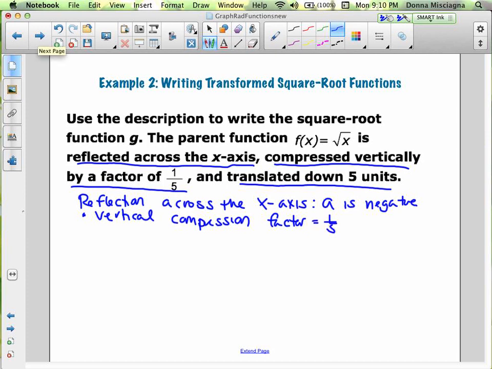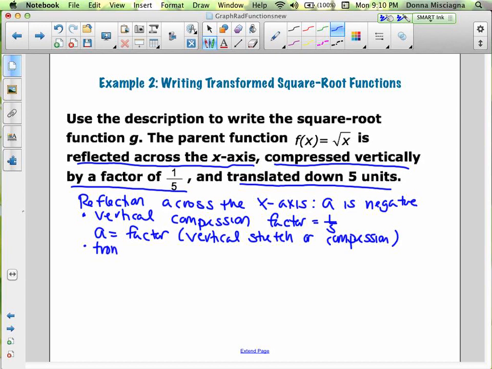With vertical stretches or compressions, a is equal to the factor, and it doesn't matter whether it's a vertical stretch or a compression. So a is equal to the factor. B is a little different. We'll talk about b in probably the next problem. All right, and then we're translated down 5 units.